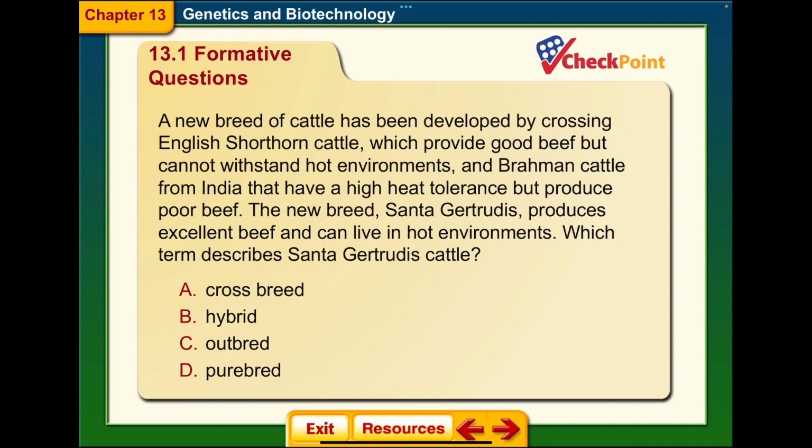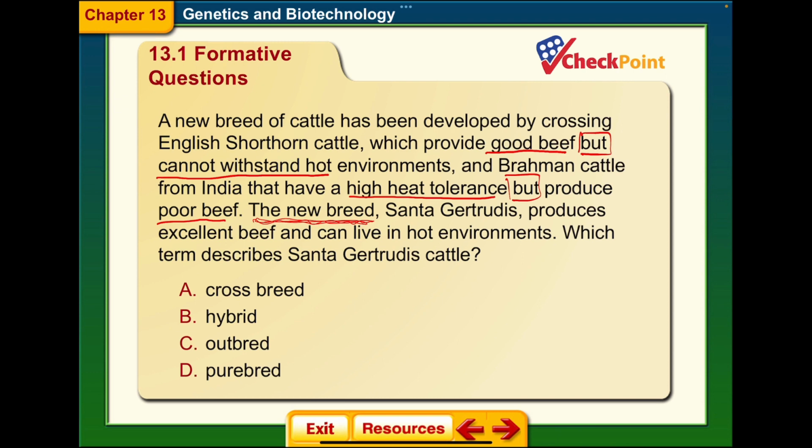A new breed of cattle has been developed by crossing English short-thorn cattle, which provide good beef, but cannot withstand hot environments, and the Brahman cattle in India, which have high heat tolerance but produce poor beef.